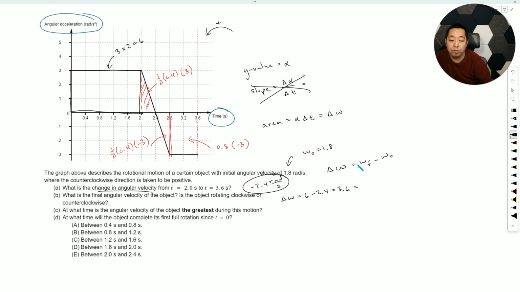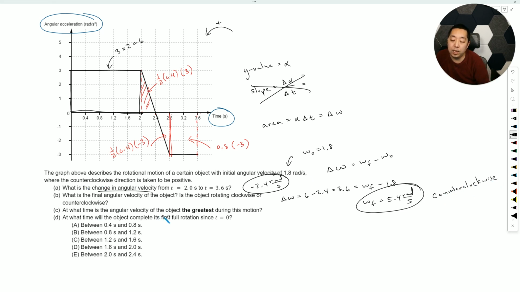And that's going to equal the final angular velocity minus the initial angular velocity, which is 1.8. So then the final angular velocity is going to be 5.4 radians per second. And because it is positive, and they're saying counterclockwise is positive, it is counterclockwise.